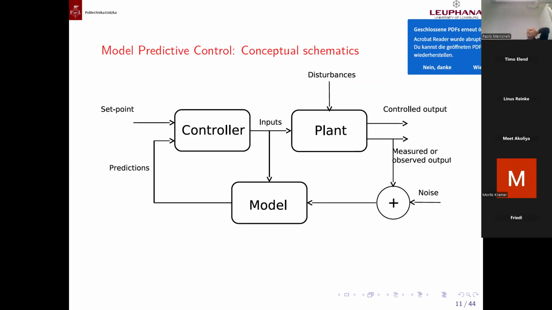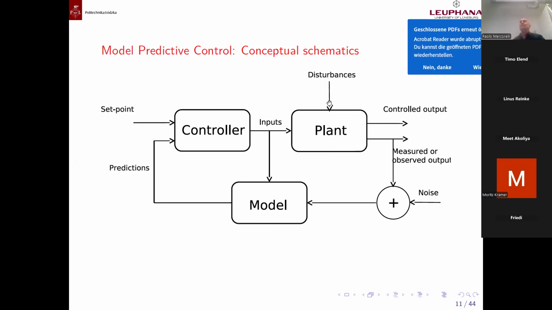Here we can see everything in a clearer structure. We have a plant to be controlled, a system, but this is the real system. It could be a motor, a bank, an economical system, a biological system, everything which we want to control, in which we have inputs and we have outputs.